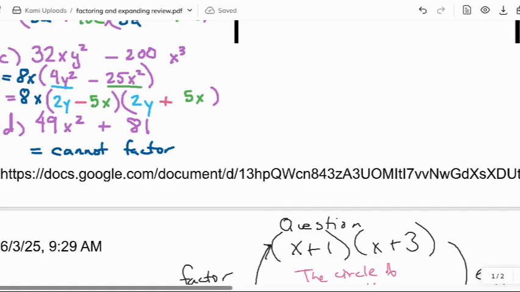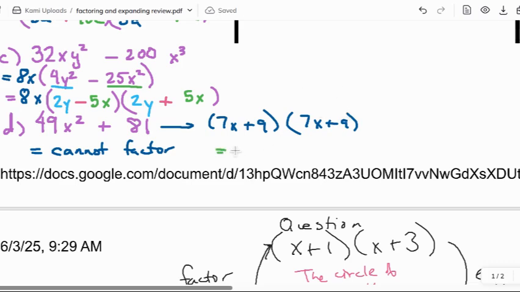Can't you just put like 7x plus 9? Let's check. In the bracket, and then what's the other bracket? Same thing? You just put the square root. Okay, so don't write this, but let's test it. Basically we want to see what it's like to square this binomial.